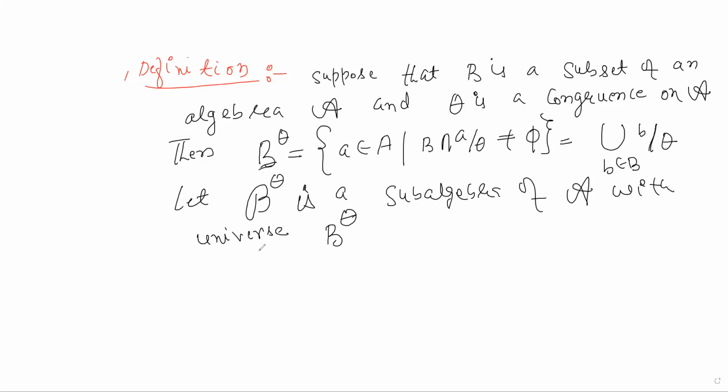Now you can prove that this B theta is actually a sub-universe of A. So before saying that B theta is a subalgebra of A with universe B theta, you must ensure that B theta is a sub-universe of A. I will prove it later on.